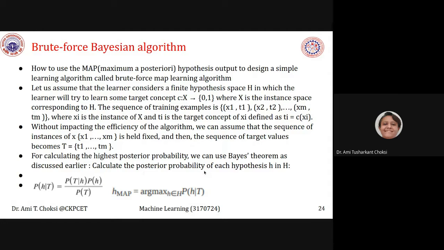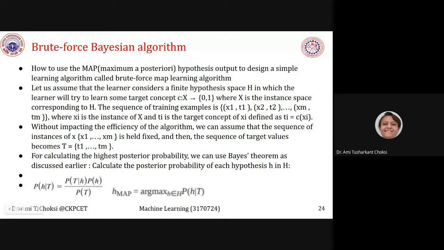Calculate the posterior probability of each hypothesis h in hypothesis space H. That is P of h given t, the probability of h based on t occurred, equal to P of t given h into P of h upon P of t.